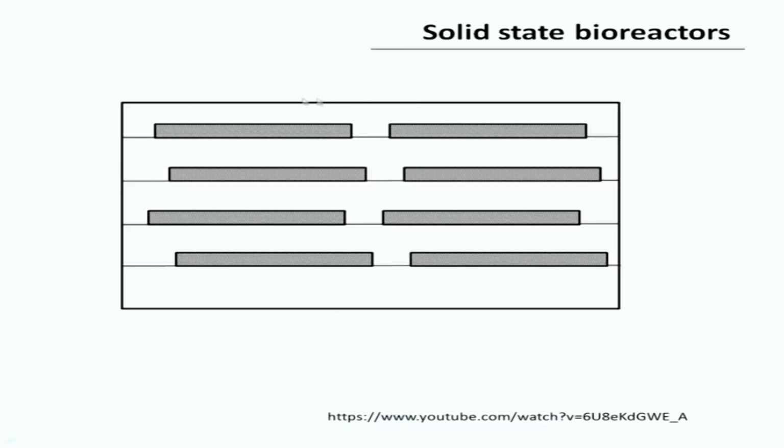Appropriate conditions are maintained, and the organisms are added to the substrate. As this substrate is a solid, the organisms convert the substrate into the desired product. So, such a reactor is called a solid state bioreactor.